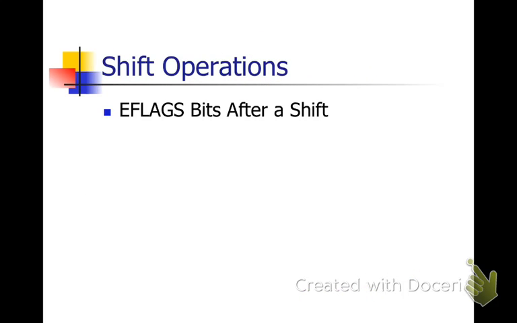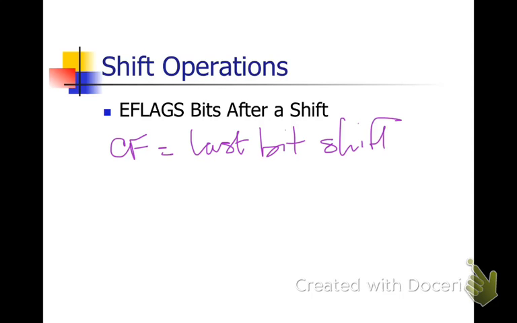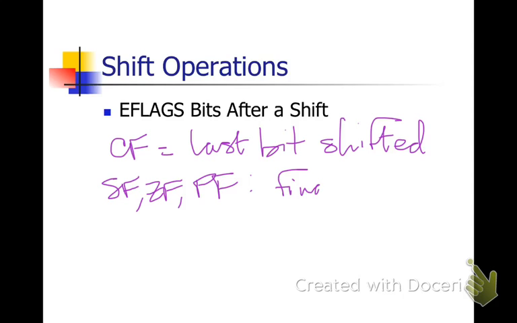What happens with E-flags? Well, we talked a little bit about the carry flag. Okay? So, carry flag is the last bit shifted out. Sign flag, zero flag, and parity flag are assigned according to the final value in the destination.